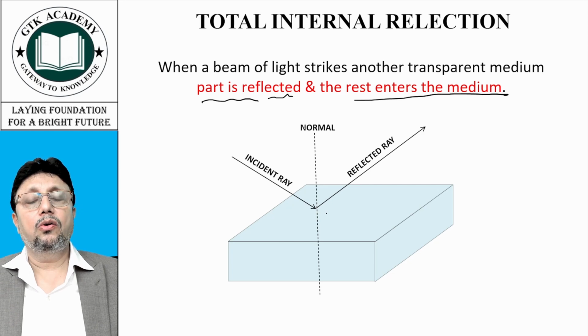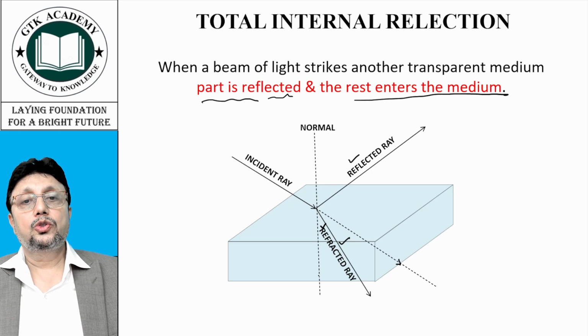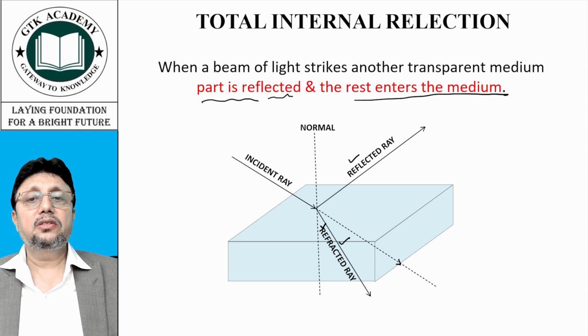And when it enters the medium, it changes the direction. Had it gone straight, it would have gone on this path, but it changes the direction. So this is the refracted ray, and this is the reflected ray. So both these things, reflection and refraction, happen simultaneously. Still, do you have a doubt?